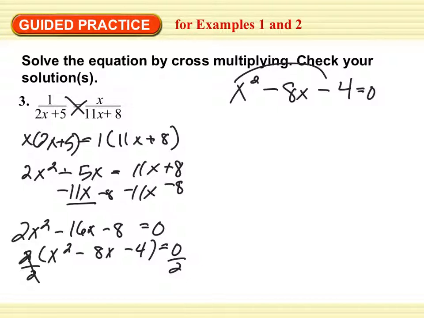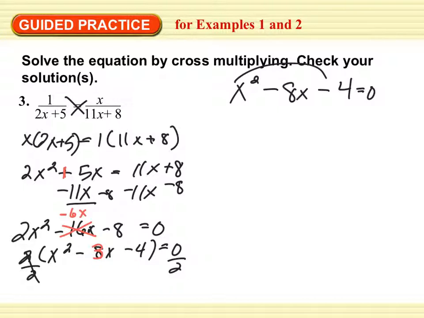Right there. Let me show you in red. Okay, this right here should be a positive 5. So if I subtract 11, I get negative 6. So that should be a negative 6x. If I divide by 2, that would be a negative 3.